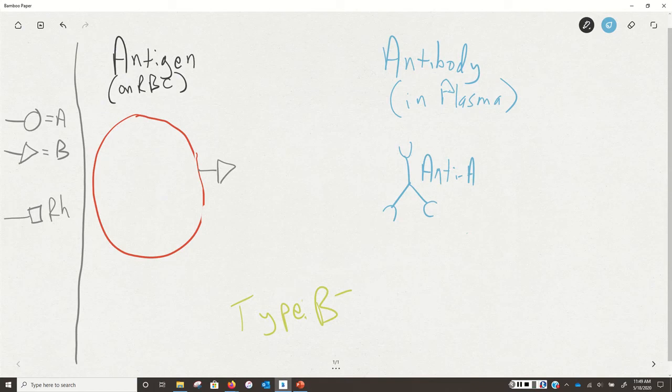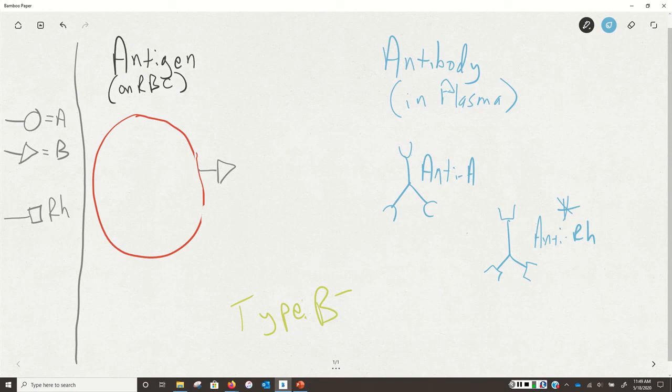But if they ever come into contact with Rh positive blood, from that point forward, they will start to make anti-Rh antibodies. I'm going to put a star next to that, because when we are born and we look at the ABO blood group, we have whatever antigens and the opposite antibodies from the time we're born.